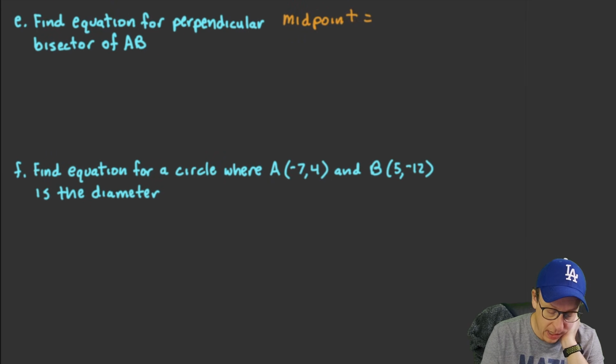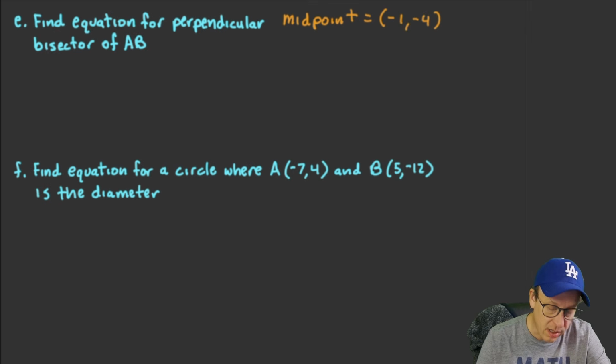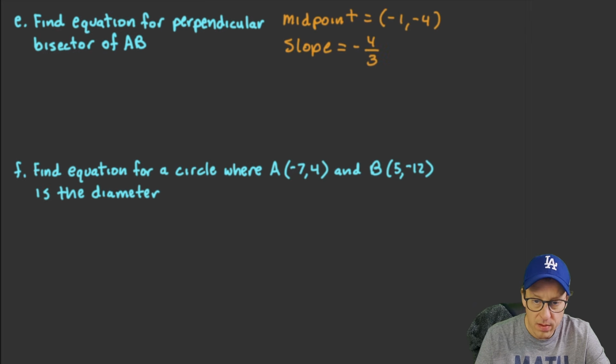So -1, -4. Well, there is our midpoint. It's -1 and -4. And the slope is going to be equal to -4 over 3.